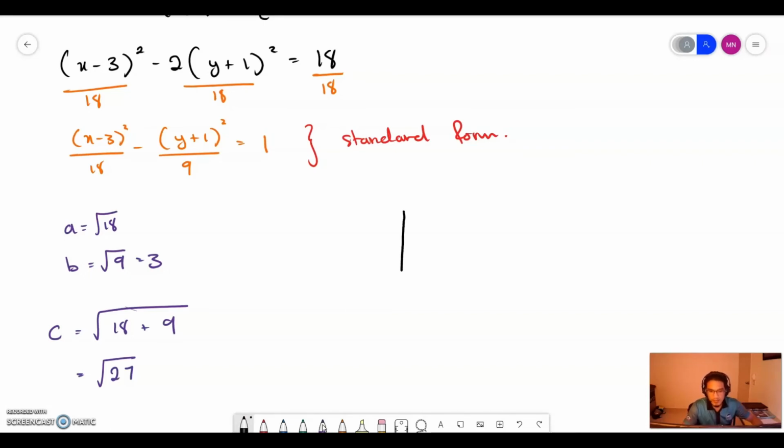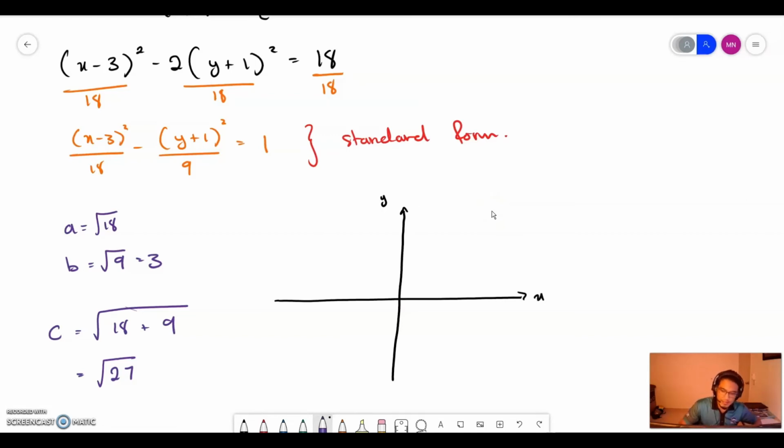So now we proceed with the sketching of the hyperbola. So this is y and x. Then for this kind of hyperbola, you can see from the equation x minus 3 in a bracket squared and y plus 1 is also in a bracket. So that means the center of this hyperbola is not at the origin.